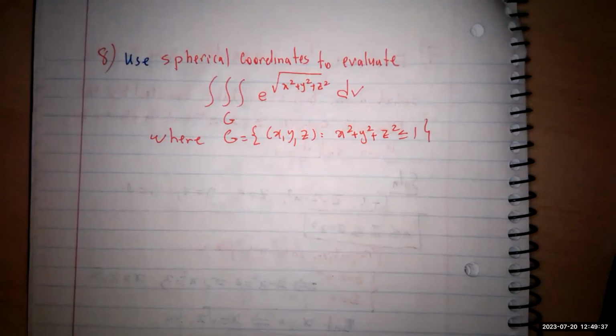Easy to set up. The sphere, quickly get the rho, because x squared. The sphere, the center at the origin with the radius of 1. So rho between 0 and 1, done.